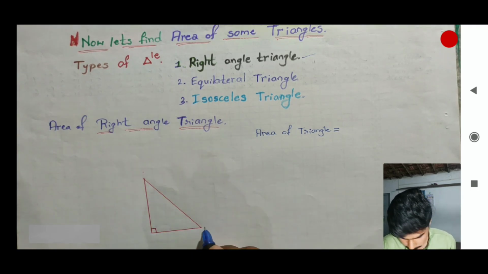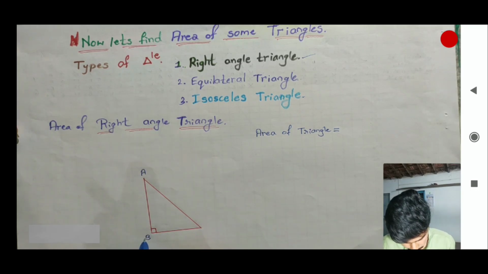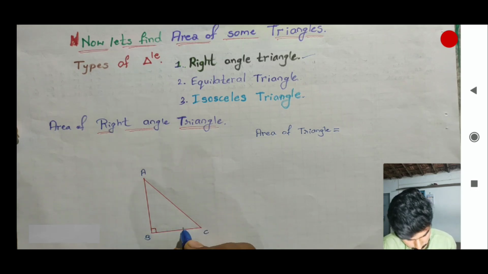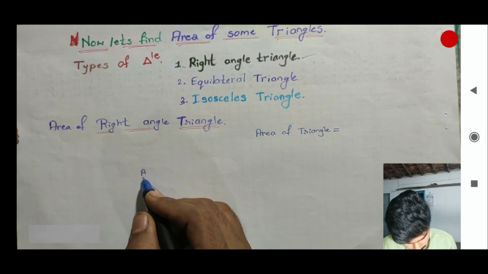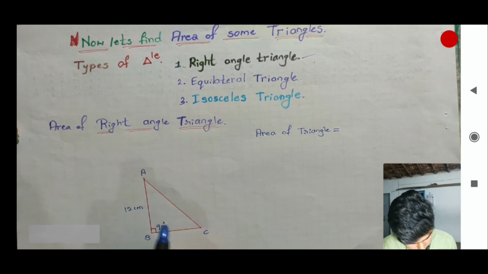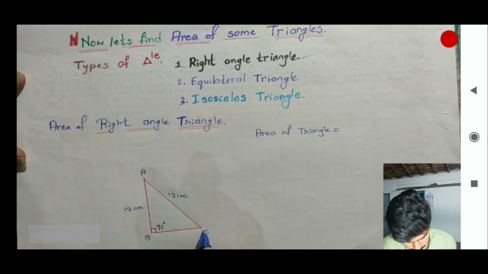I have taken a right angle triangle here, and let me name it as A, B, and C. As this is a right angle triangle, one angle should be 90 degree. So this angle is 90 degree, and let me take side AB as 12 centimeter, side AC as 13 centimeter, and side BC as 5 centimeter.